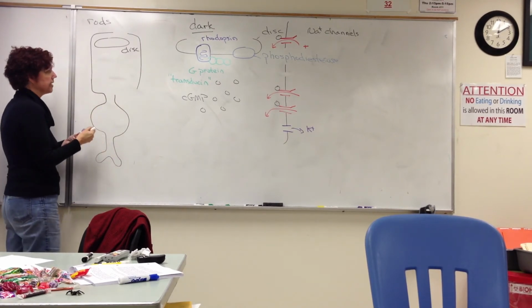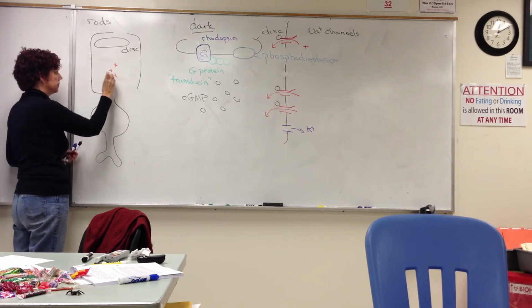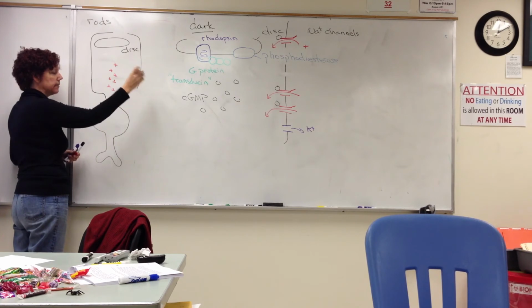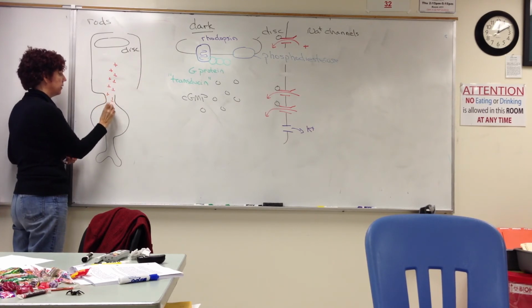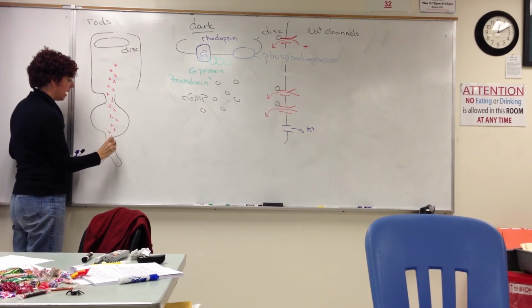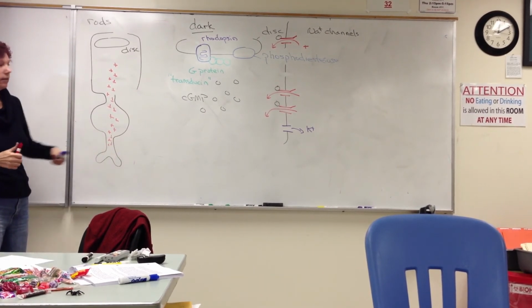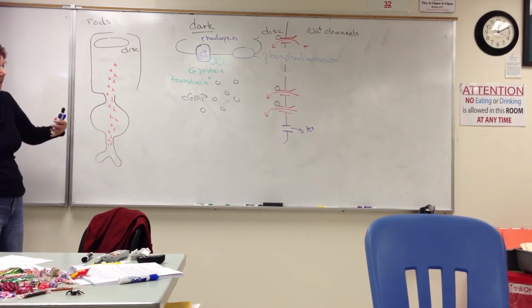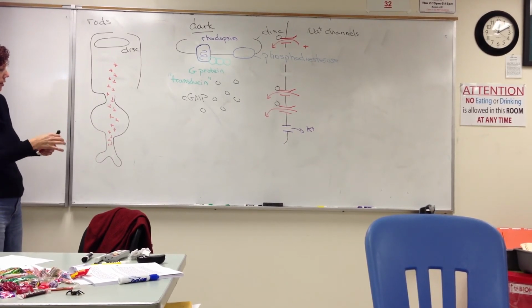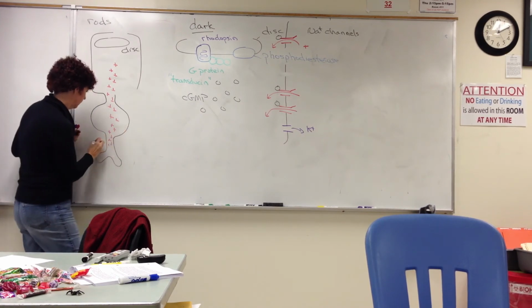And so these positive ions flow through the cell. Potassium is going to be leaving, but not enough to lower the membrane potential. And they reach the dendritic end, if you will, of the photoreceptor. So I'm going to draw that a little bit larger.